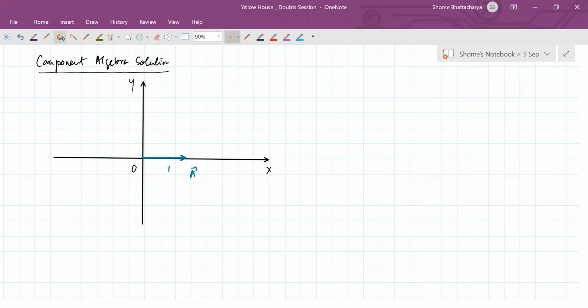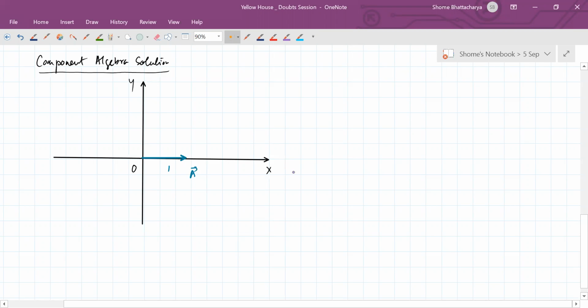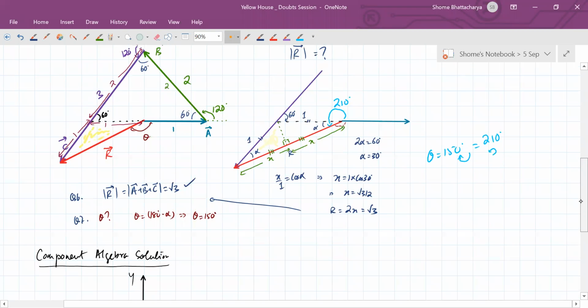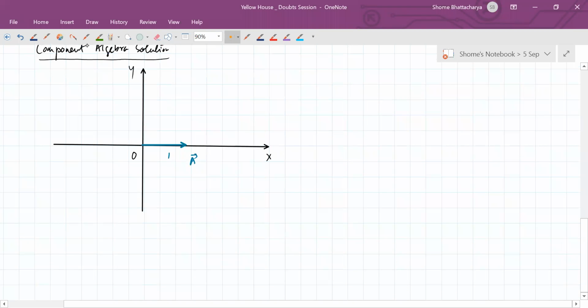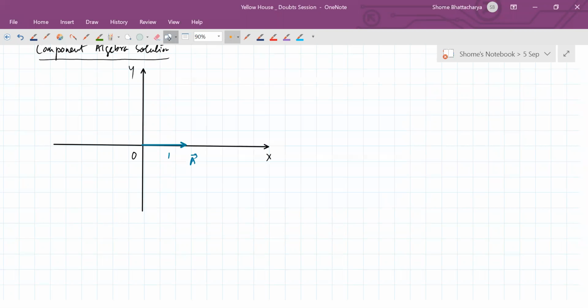The vector B, excuse me guys. So the vector B in the same diagram would be in the second quadrant because it's making 120.